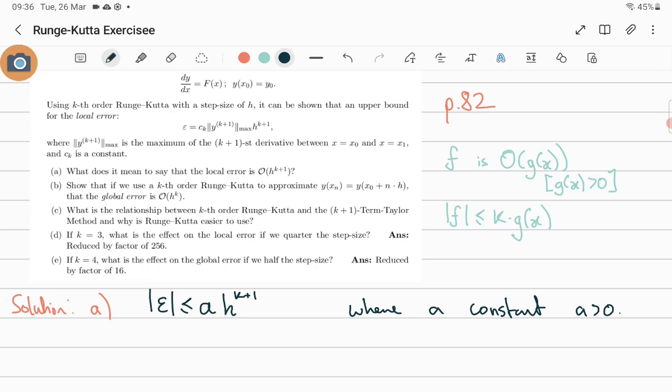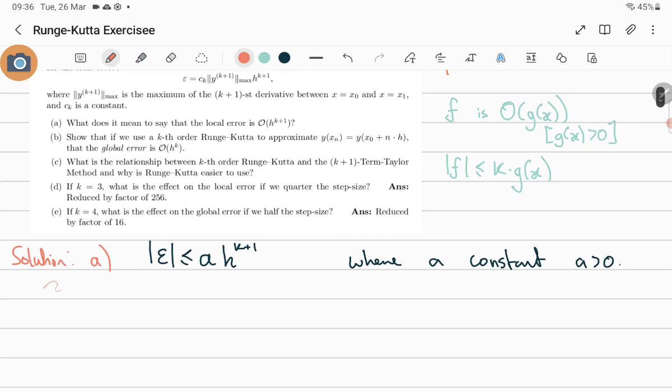Now this is the big question we've seen numerous times. We're going to build this up in a natural way. The global error, taking the local errors to be called epsilons, is the sum of n local errors.